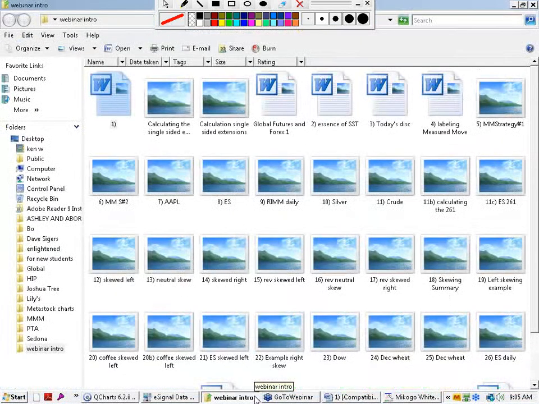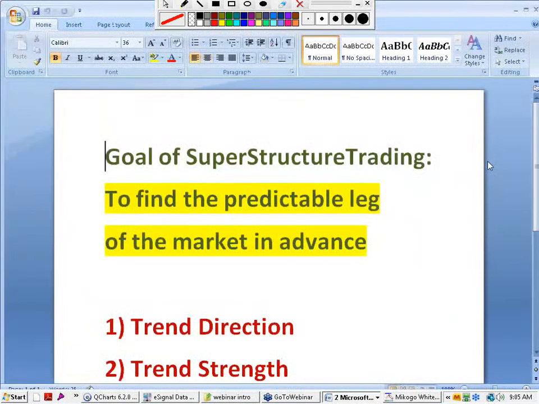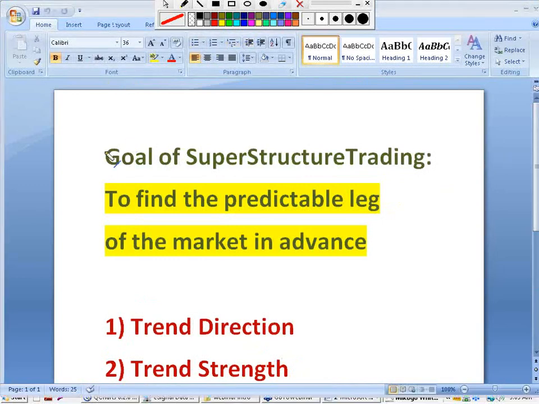So let's start by talking about the essence of superstructure trading. What is the goal of superstructure trading? Well, obviously, it's to find the predictable leg of the market. But how do we do that? Very simple. Number one, we do trend direction.